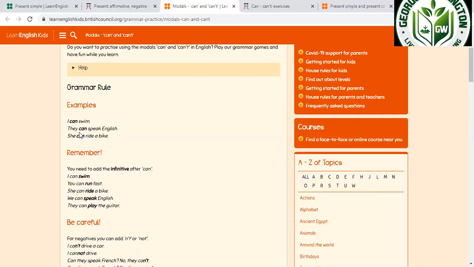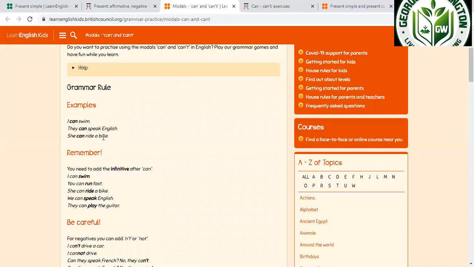Now, with can, the verb doesn't change. That means that you do not add an S. It needs to be in the base form. Okay, after can, always the verb in the base form. I can swim. They can speak English.